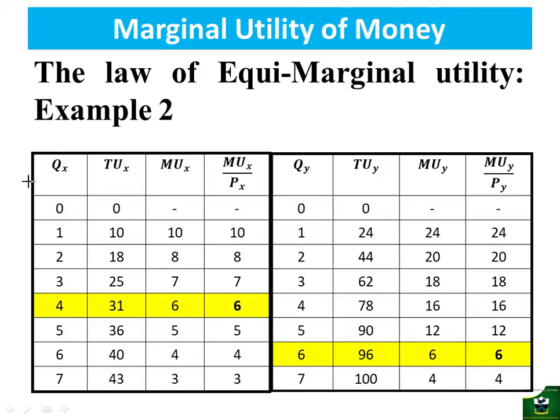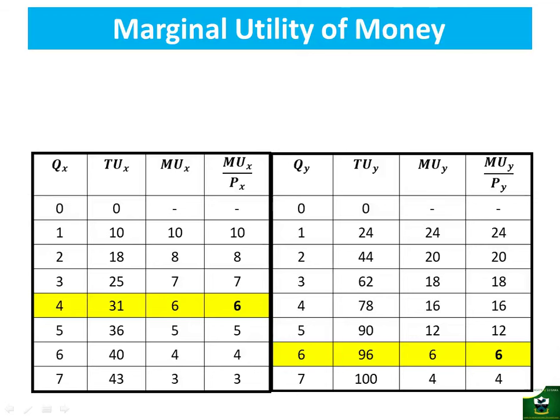okay, let me draw this for you. So we'll be looking at the equation price of X multiplied by X plus the price of Y multiplied by Y, and this must be equal to the money income.